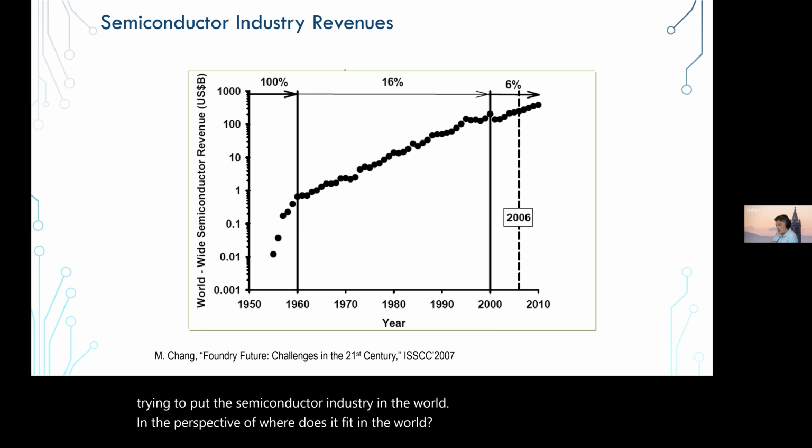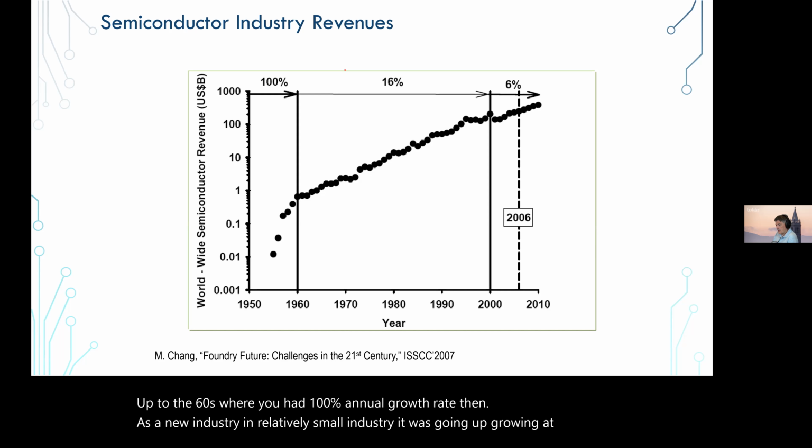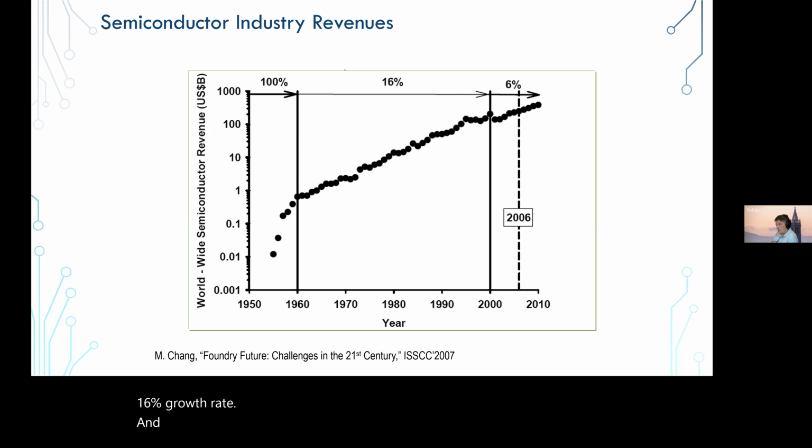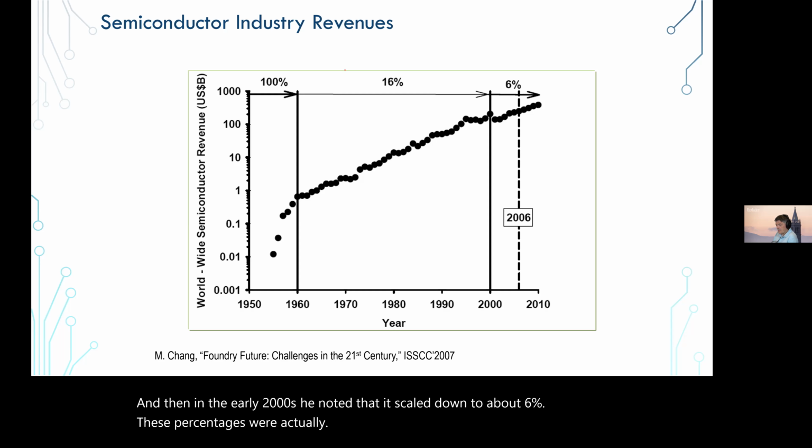The semiconductor industry went through very rapid growth from its inception up to the 60s, where it had a 100% annual growth rate. Then, as a new and relatively small industry, it was growing at a 16% growth rate. And then in the early 2000s, he noticed that it scaled down to about 6%. These percentages were actually larger than 6% lately.